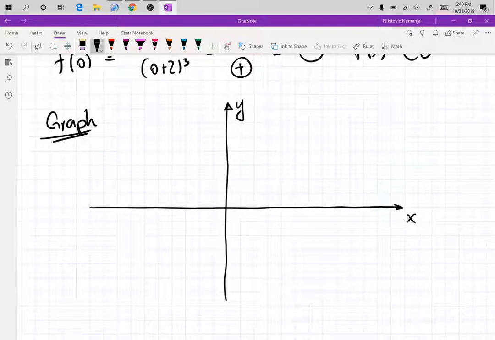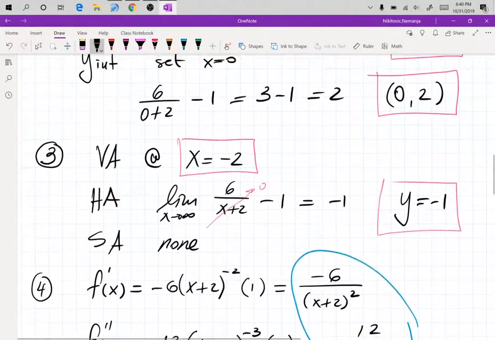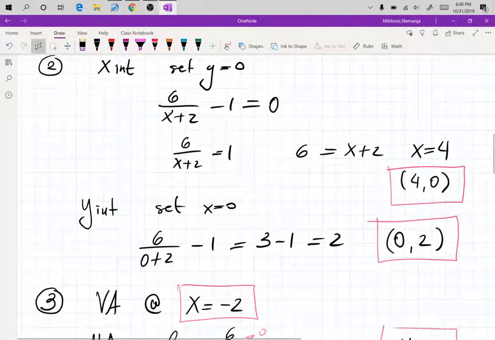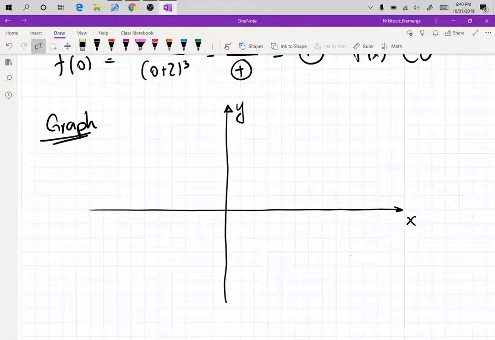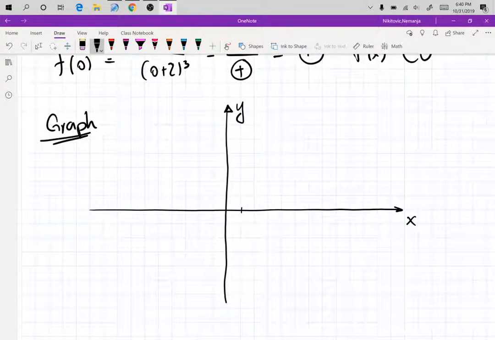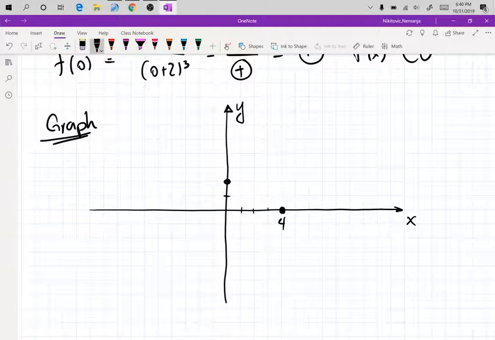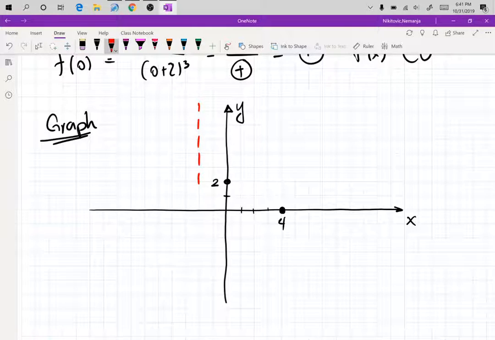What do I have? We go all the way up. We see that we have (4, 0) and (0, 2). Those are our intercepts. We also know that we have a -2 for the vertical asymptote.